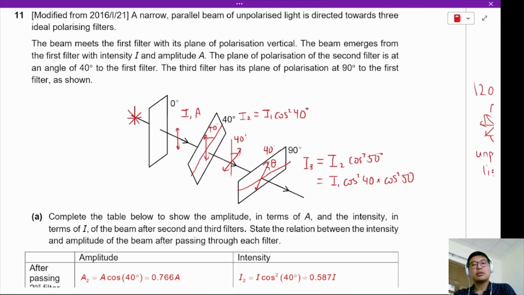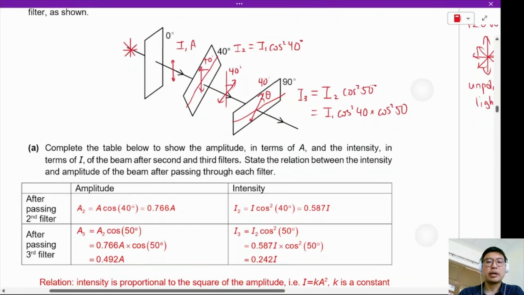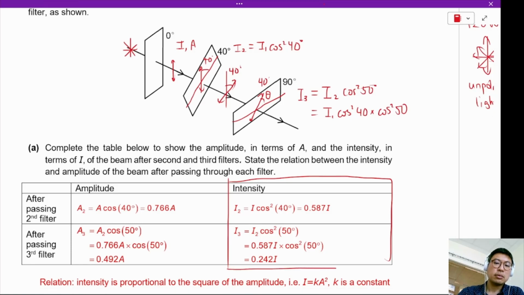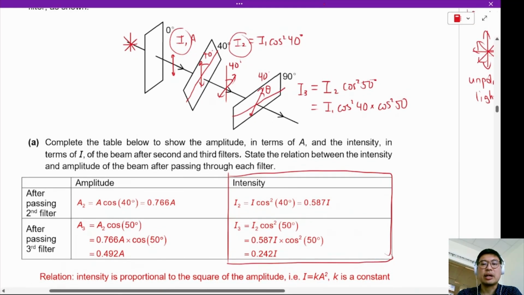Let's finish up the entire table. We'll do the intensity first. I2, as it comes out here, will be the original I multiplied by cosine squared 40, so we get 0.587I.